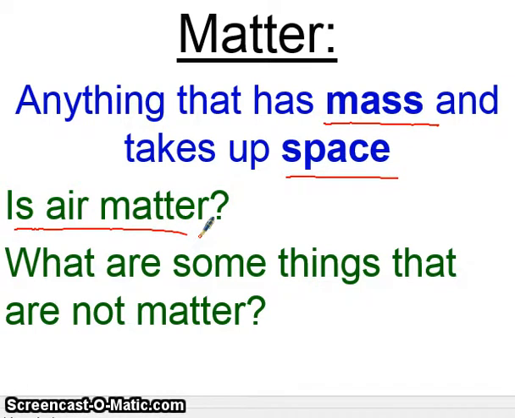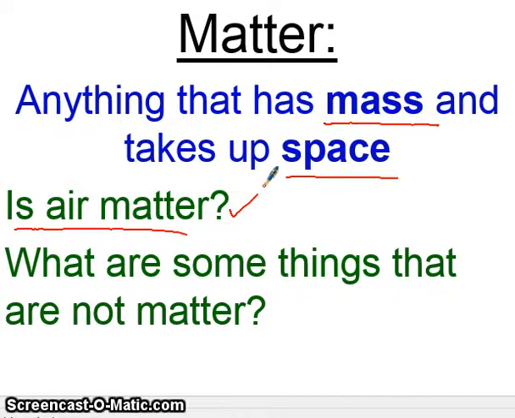We can actually weigh air. It's a bit strange, but we can fill a bottle with air and weigh it, and then take the air out, and the bottle will weigh less. So air is definitely matter. Air also takes up space. Even though we can move through it, if we were to place it, say, in a container, we can definitely see that it takes up the space in that container.